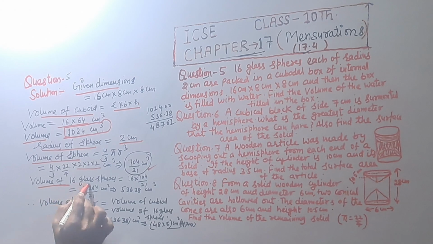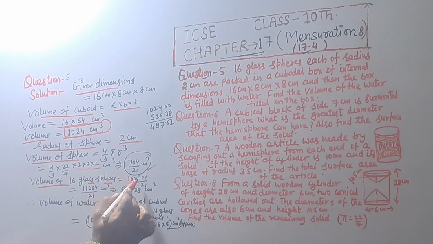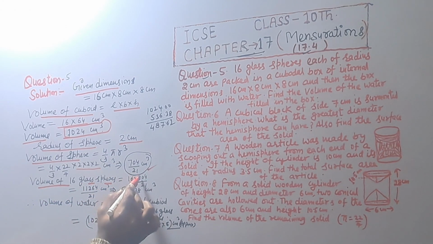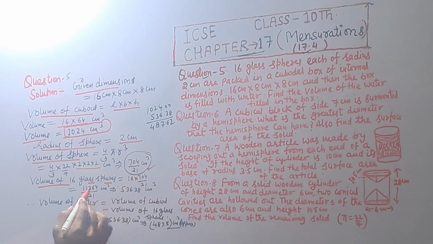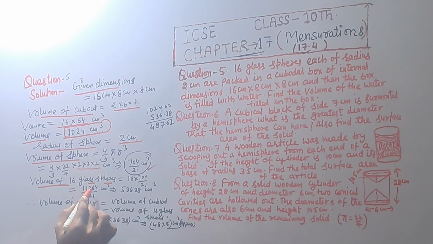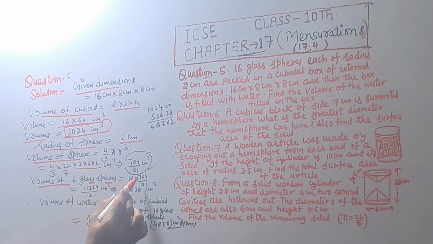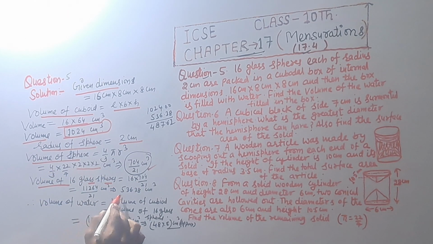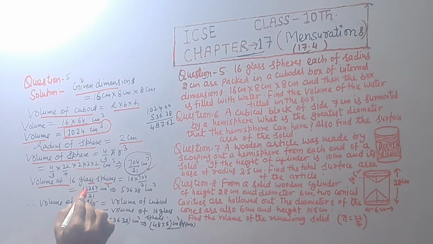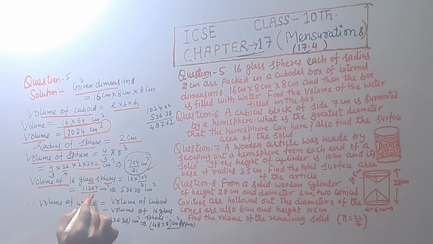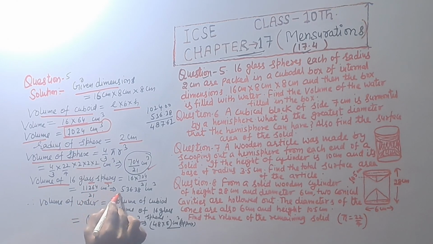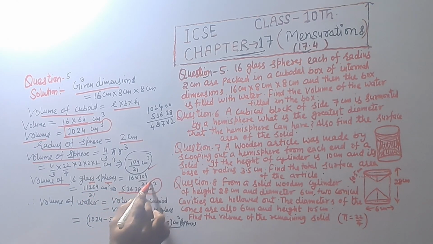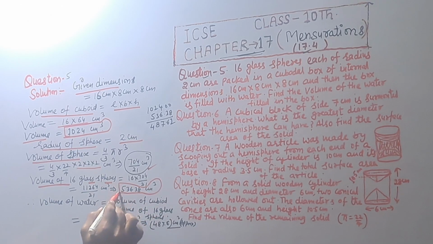Volume of 16 glass spheres is multiplied by 16. 16 into 704, that is equal to 11,264 divided by 21. 7 3s are 21. So 11,264 divided by 21, we get 536.38 centimeter cube.